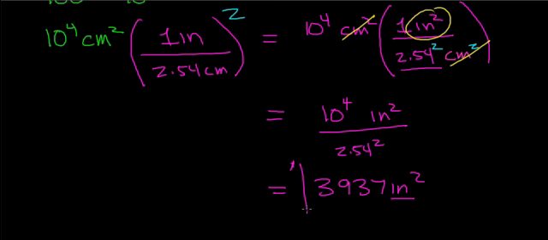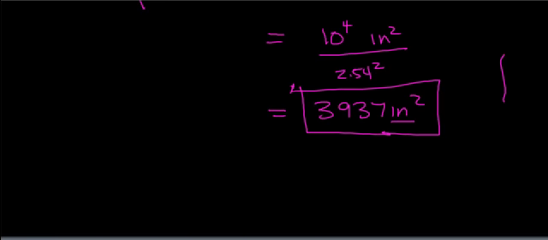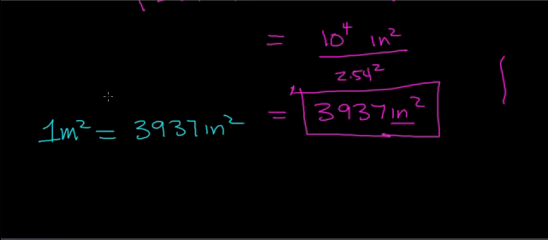So this is my final unit, and I'm going to box that. To summarize what I just found, 1 meter squared equals 3,937 inches squared.